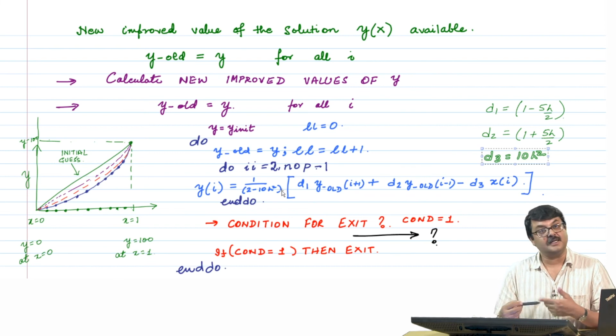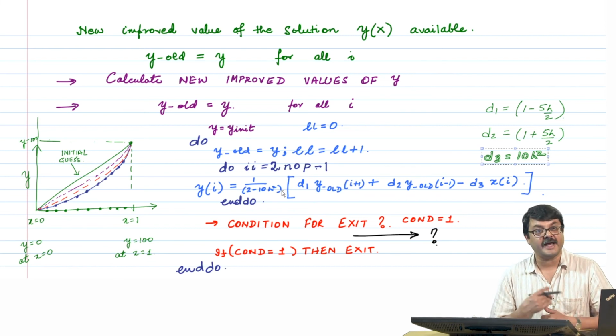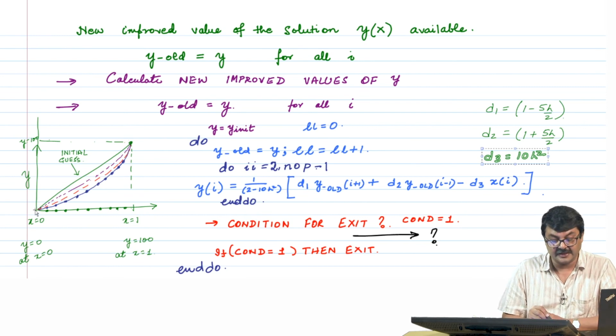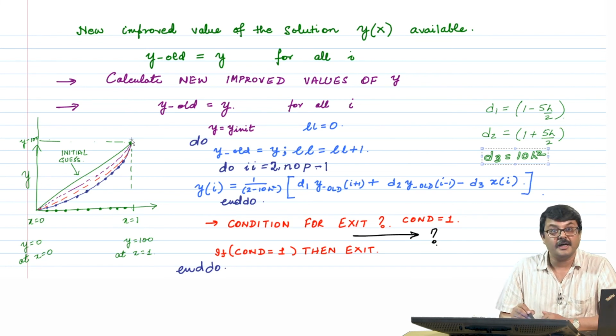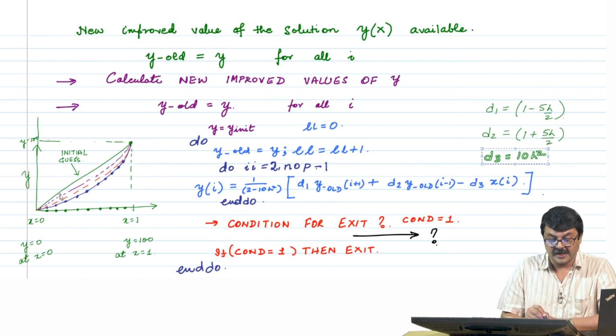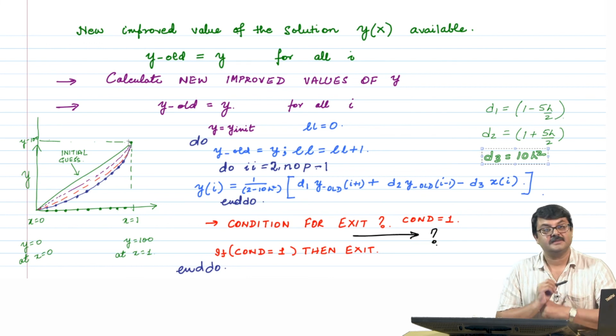With every iteration you will have improved values of yi, which means that if your guess for the initial condition was the straight line joining x equal to 0, y equal to 0 and x equal to 1, y equal to 100, with each iteration you will have this line as an improvement, and then this line, and so on and so forth, and then finally your final solution would be this, right.